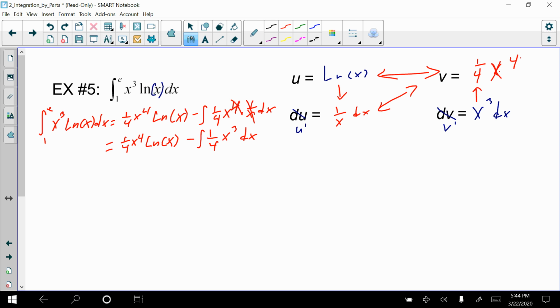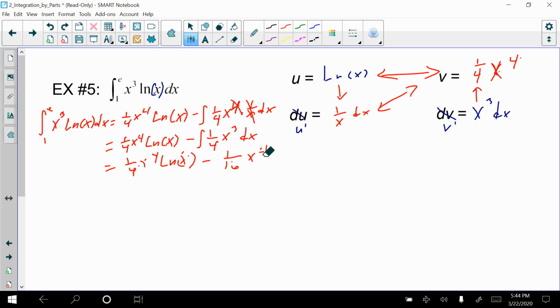And now we will take a look at doing the integration of the expression that we have in our problem. So 1/4 x to the 4th times natural log of x. When I take the antiderivative of 1/4 x to the 3rd power, that is going to give me negative 1 over 16 x to the 4th.